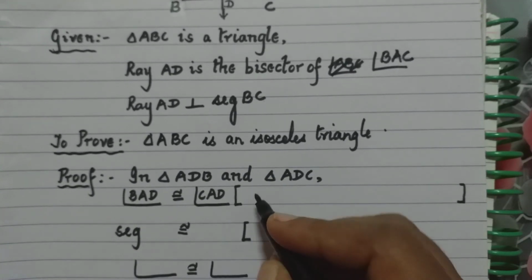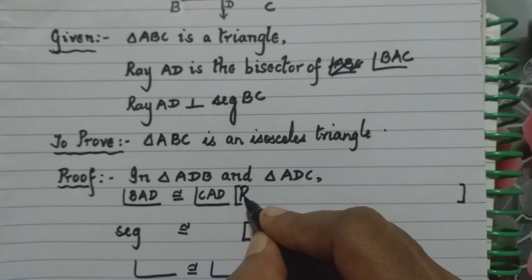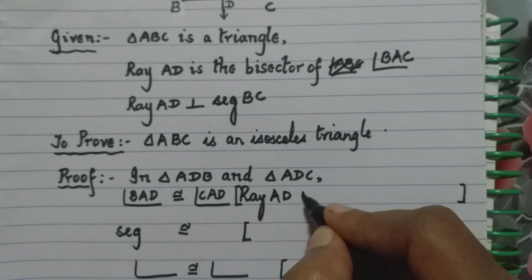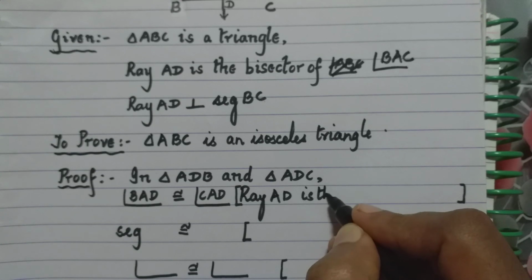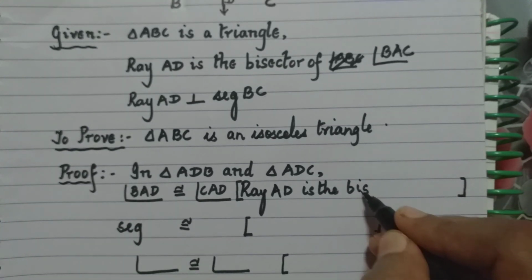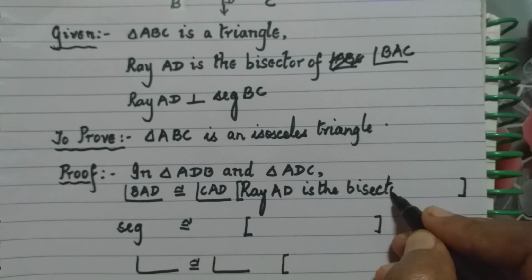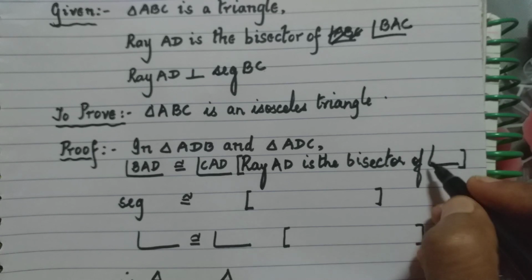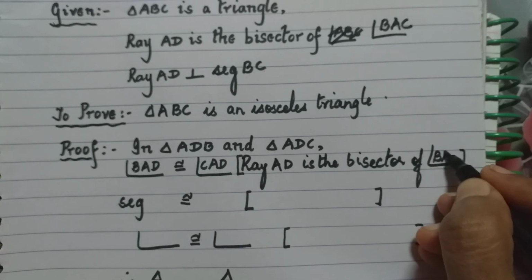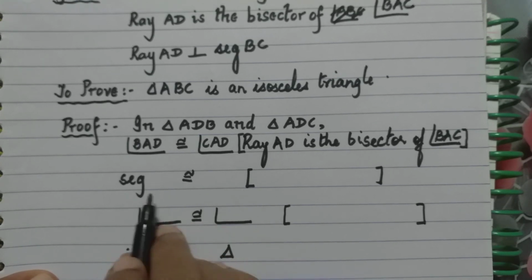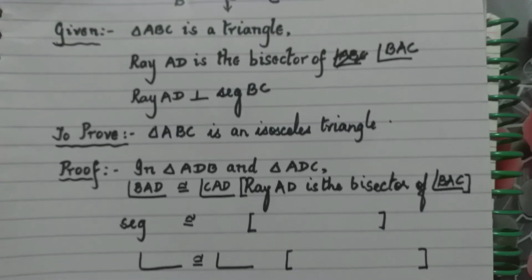So here I can write: because ray AD is the bisector of angle BAC.